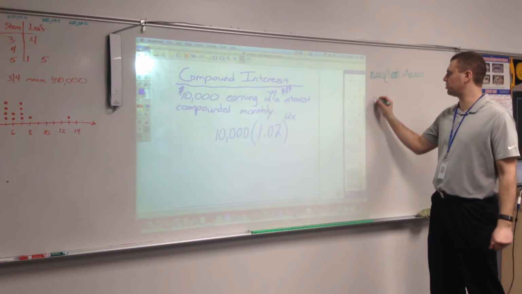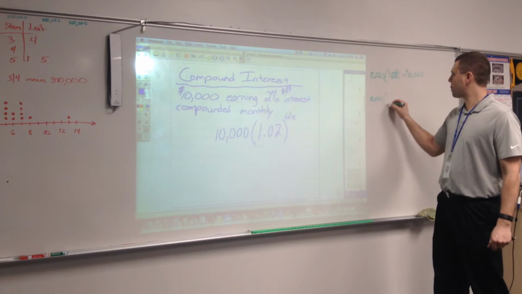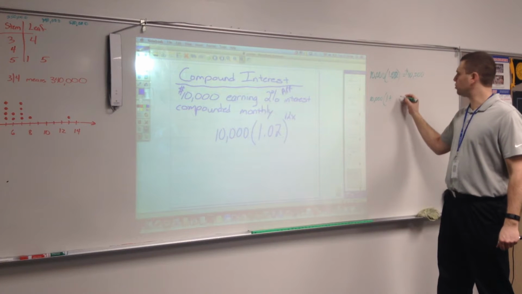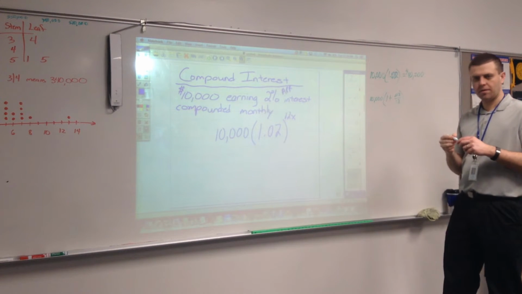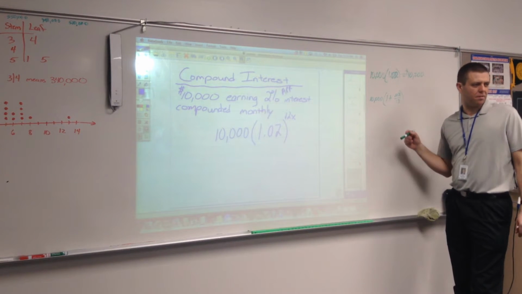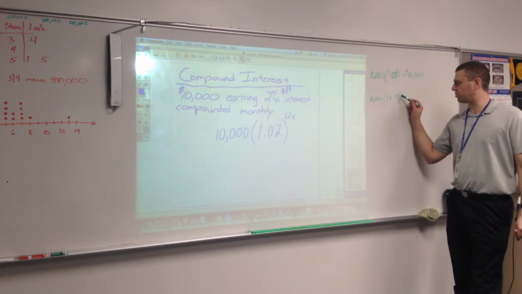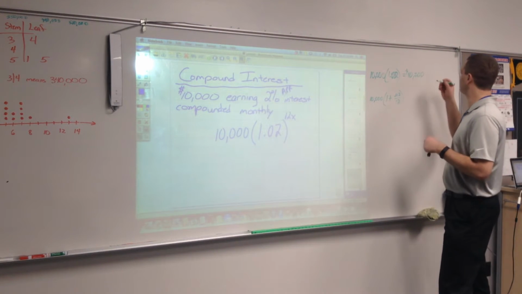I'll show you what you'd have after the first month, okay? 2% divided by 12. Because 2% is how much you're getting over the year, but we're going to divide that into months. So take 0.02 divided by 12, add that to 1, then take it times 10,000.